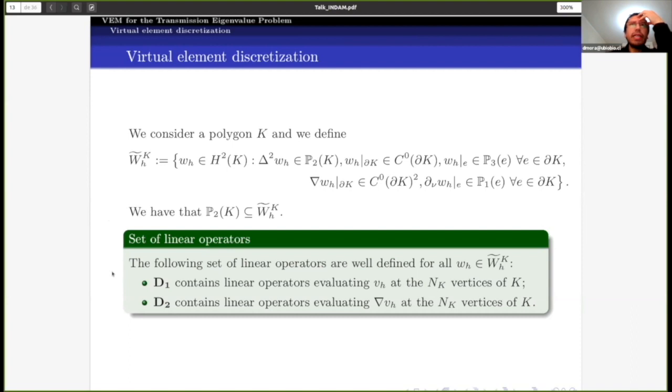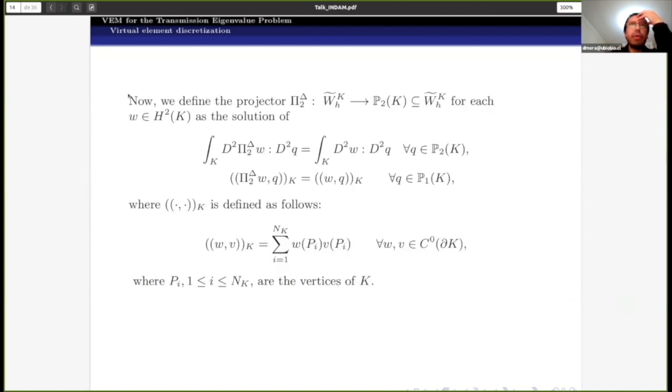So once we have the discrete space, here we construct the polynomial projection using the Hessian product from the virtual space to the P2 polynomials. This is perfectly computable because of the integration by parts on the right-hand side, and also this sesquilinear form has a kernel.